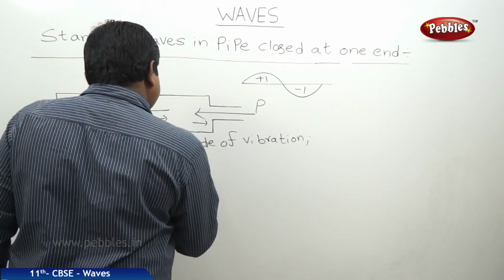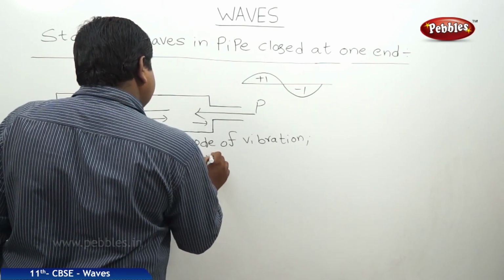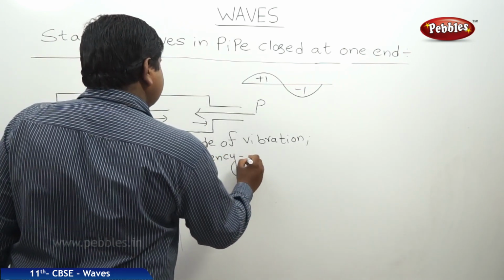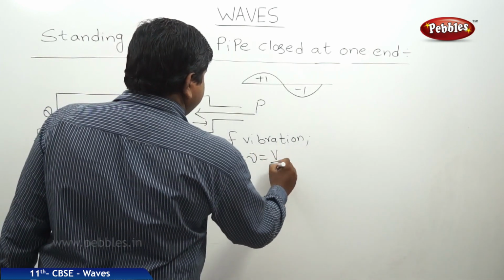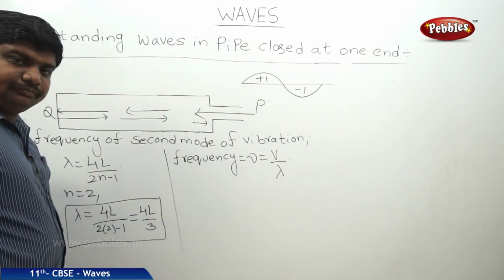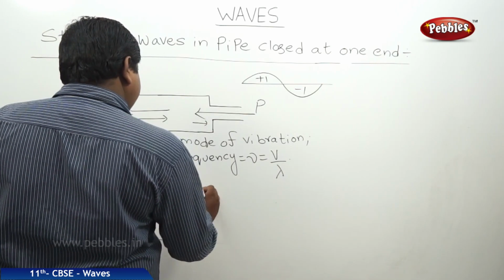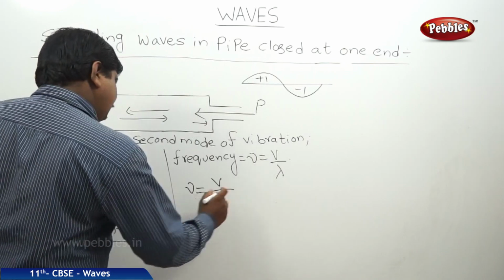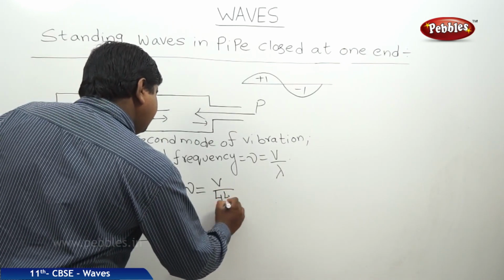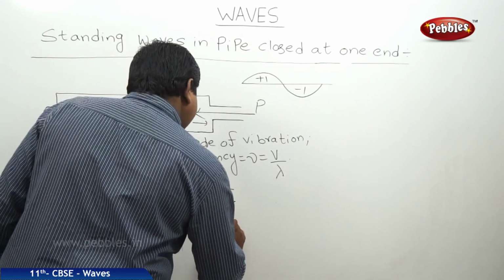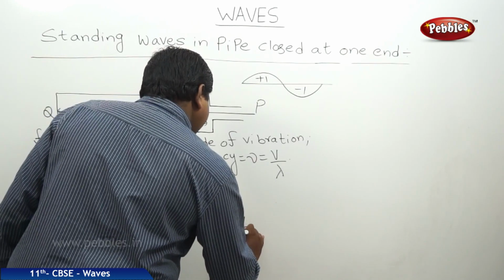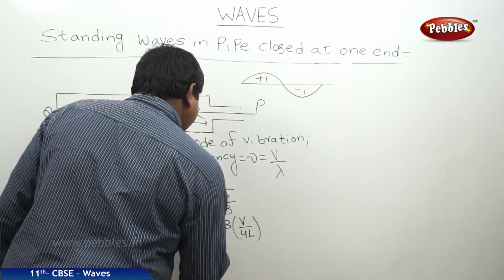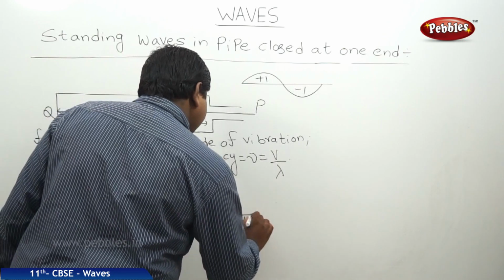Then what about the frequency? Nu is equal to V by lambda. Therefore, nu is equal to V, lambda is 4L by 3. Therefore, it is 3 into V by 4L. It is equal to nu.